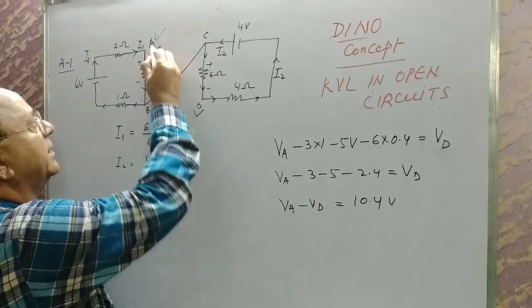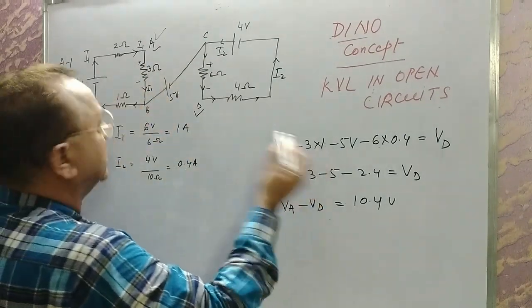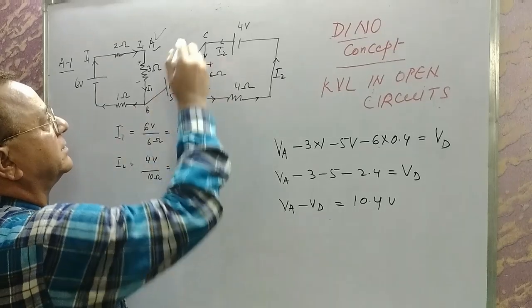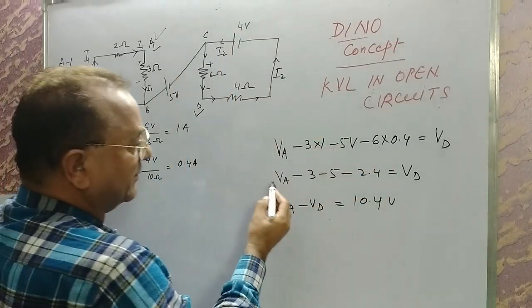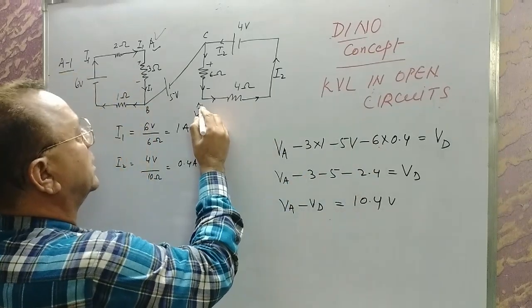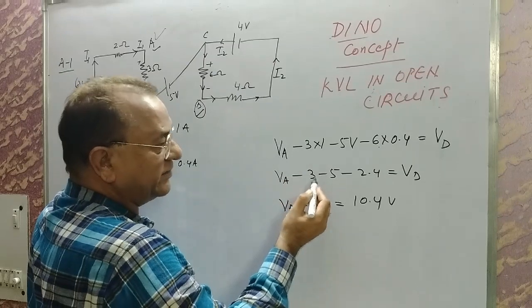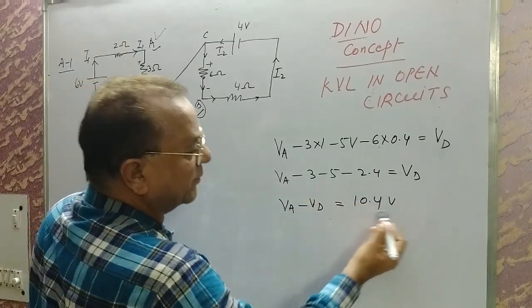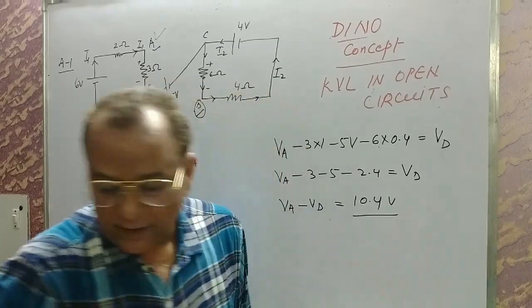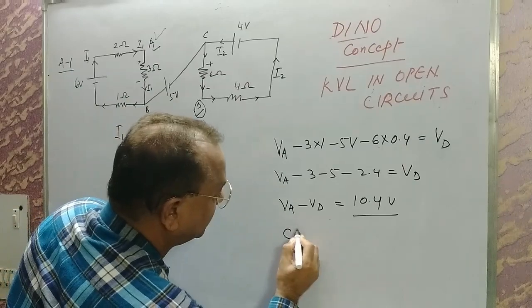Start from A: VA, minus 3 into 1, minus 5, minus 6 into 0.4. That makes it VA minus 3, minus 5, minus 2.4 equal to the voltage of D. VA minus VD is equal to 10.4 volt. That is the answer, and the answer is option C.